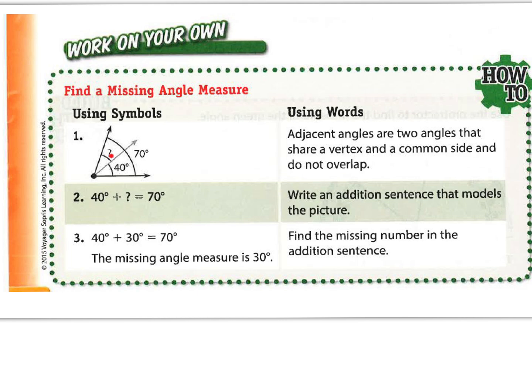So 40 plus question mark equals the whole big angle of 70. Then it says find the missing number in the addition sentence, so you can subtract, or sometimes you could do mental math. The missing angle measure is 30, so that means 40 plus 30 equals 70.